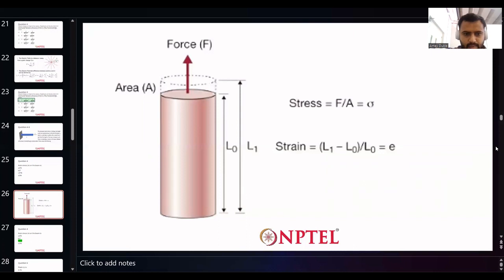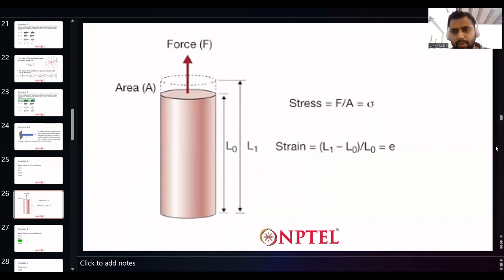Consider a rod with initial area and initial length L, and then it's being pulled. The force is applied in the center, that is, along the axis of this body. So the stress is force upon area. So what is stress? When you are pulling the body apart, the molecules of the body are also being pulled apart.